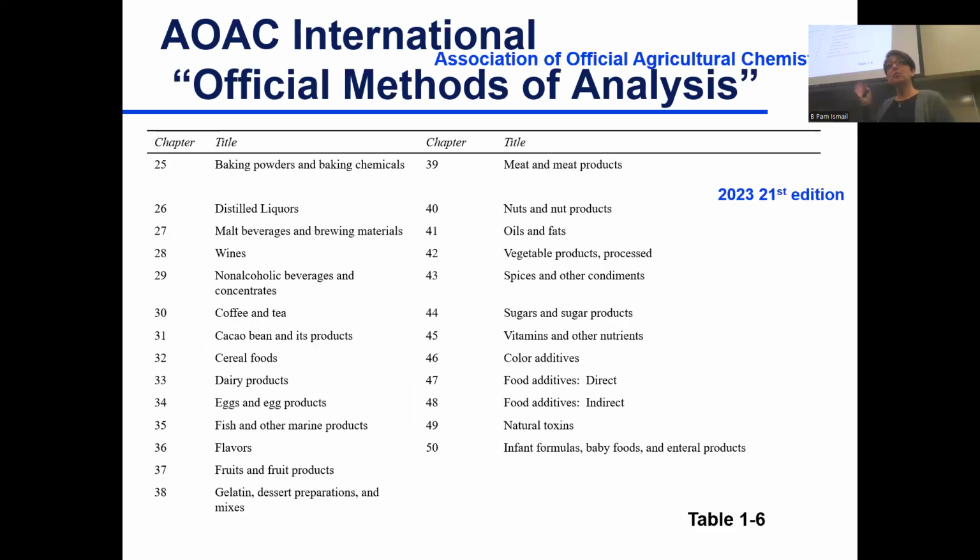If ever in your capstone or undergraduate research project, or later on if you go into the industry, these will be a resource that you go to, these official methods of analysis. And as a student, they're available to you through the library as well.